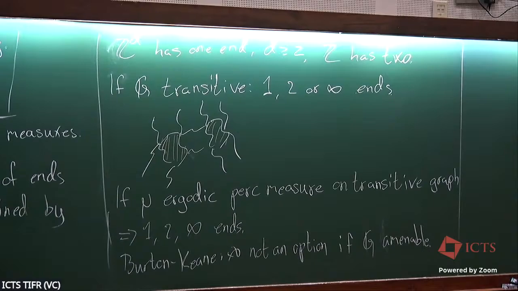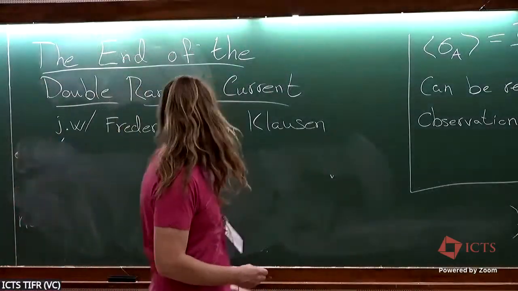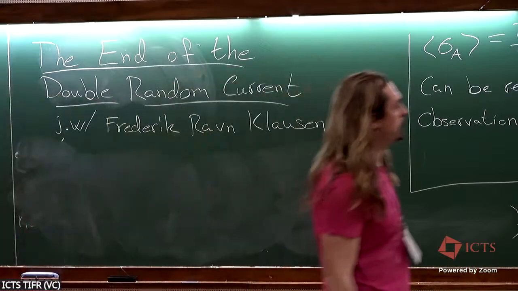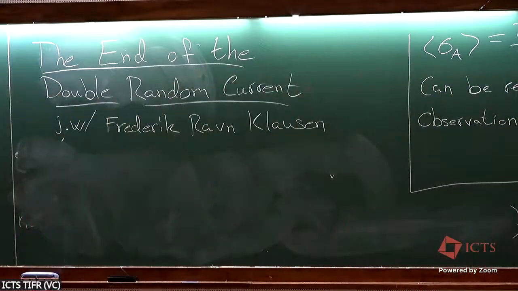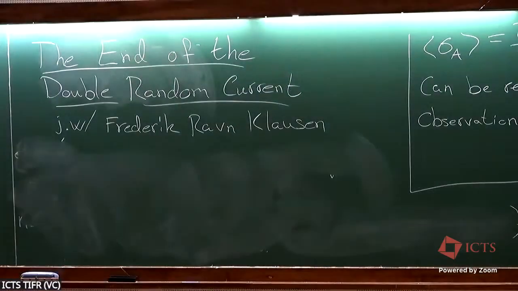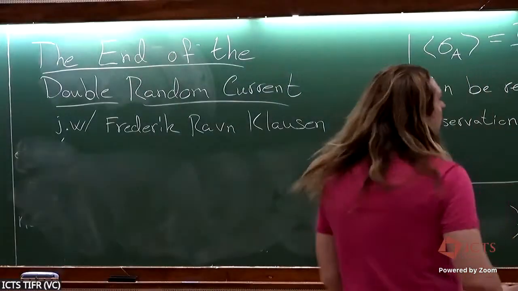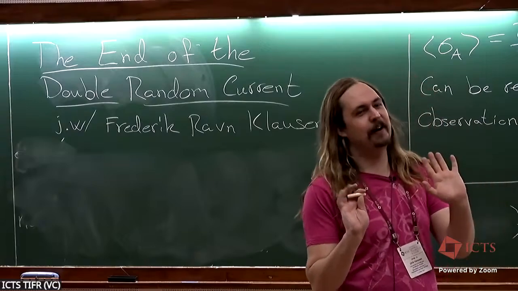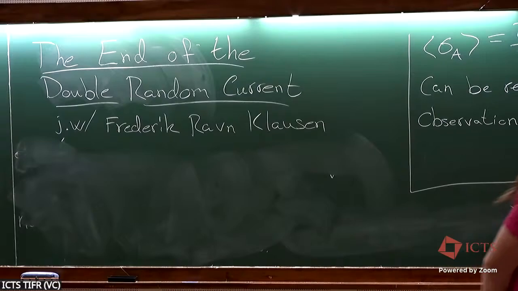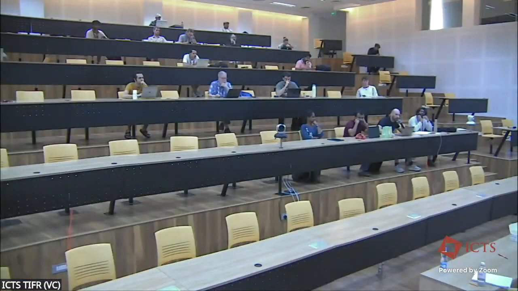Okay. So just to briefly sketch. If we're in this Aldous setting where we're amenable and transitive, then there are only two possibilities, 1 and 2. How does this normally go? Well, 1 and 2 per component. I have not said that the components are unique, yeah? Can I ask a quick question? Yes. Is this using ergodicity or not?